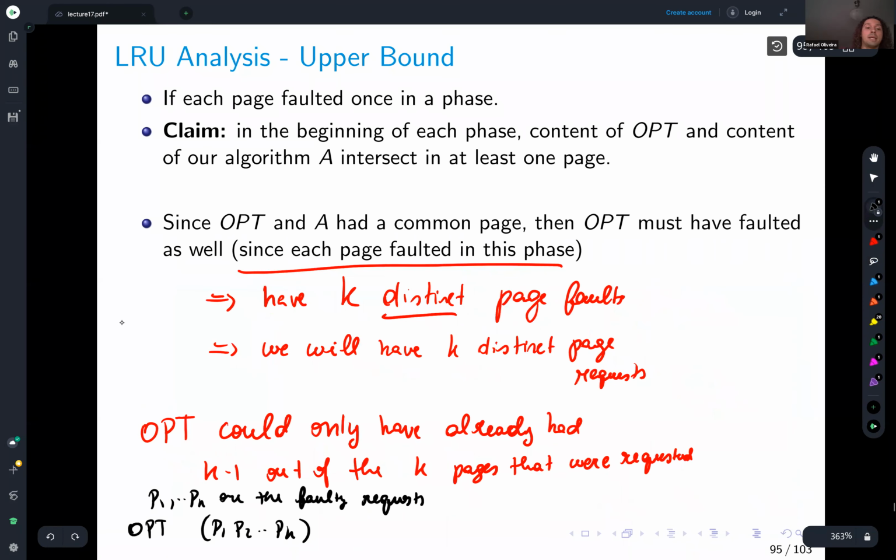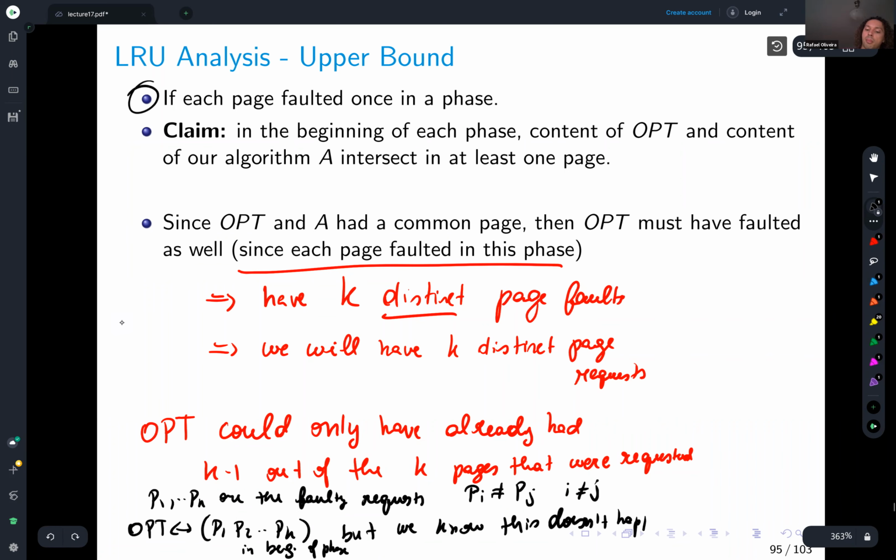And we know by this point that PI is different than PJ for I different from J. Now, the only way that opt does not fault is if opt's cache is exactly P1 up to PK. But we know, like in the beginning of the phase, that this doesn't happen, because P is in the cache of opt, and P is different from the PIs.